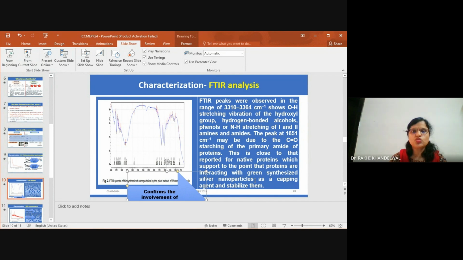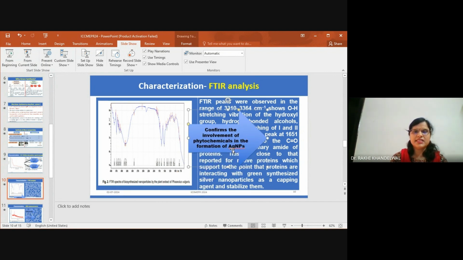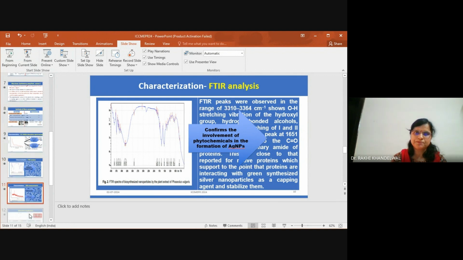This is close to that reported for the native proteins, which supports that proteins are interacting with the green synthesized silver nanoparticles as a capping or stabilizing agent. So the FTIR analysis confirms the involvement of the phytochemicals in the formation of silver nanoparticles.